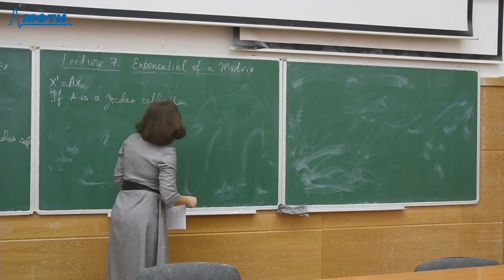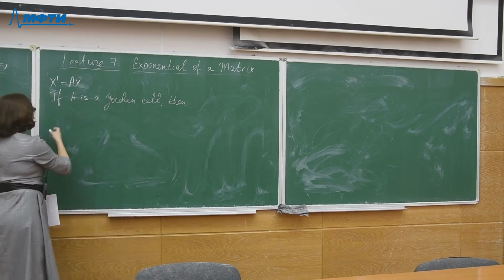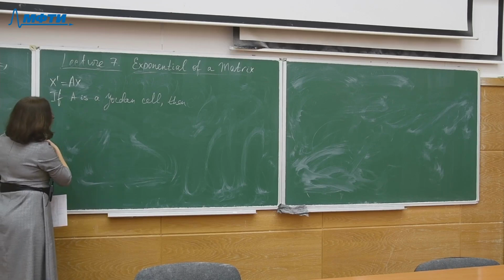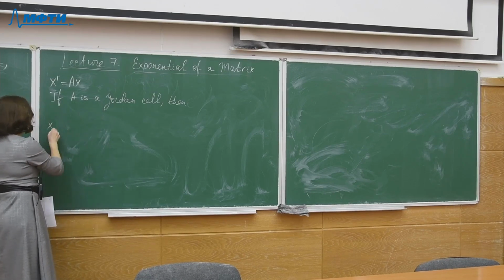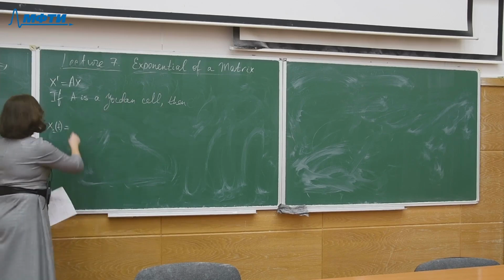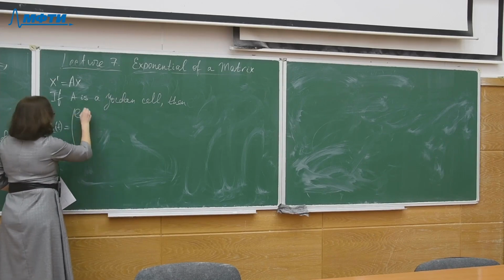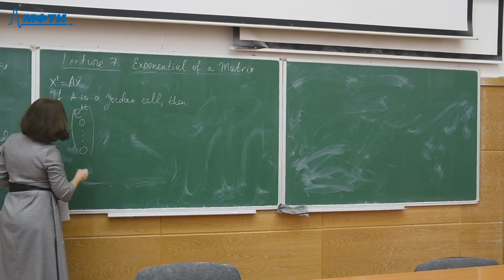So the solution is given by this formula, and we can see that the following solutions form the basis. Let's find the basis. So x1 of t is the first column of that matrix. It is given by e to the power lambda t and zeros.